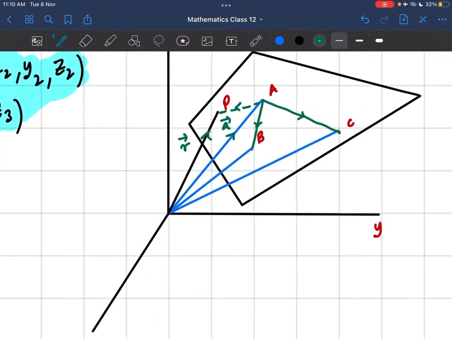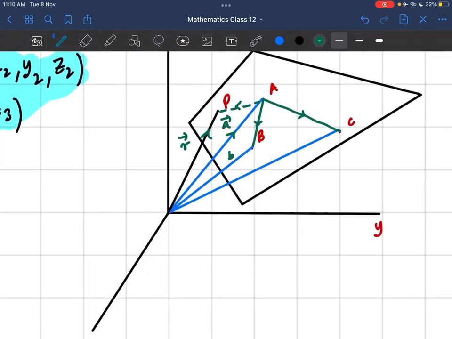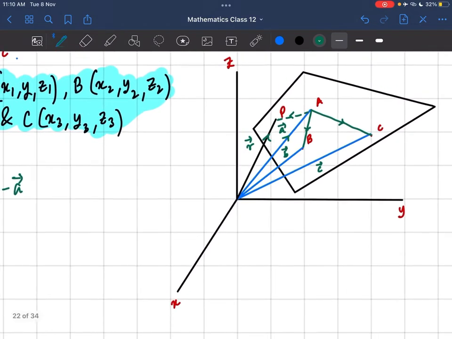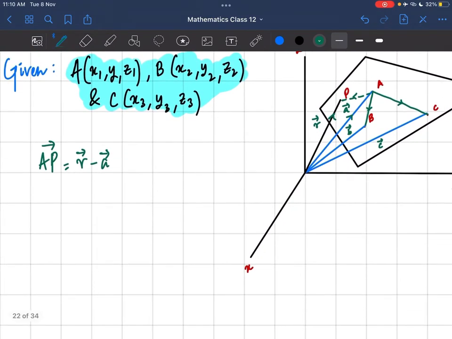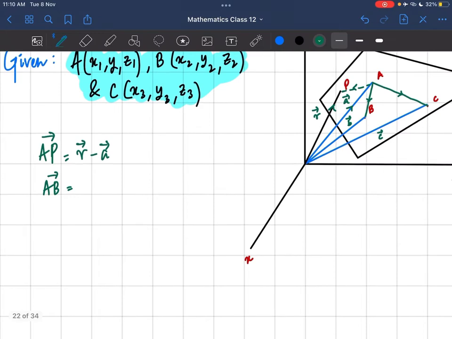The point B has a position vector of small b, and point C has a position vector of small c. The AB vector will be given by the position vector of B minus the position vector of A, terminal minus initial, so it is B minus A, and the AC vector is given by C minus A. So these are the 3 vectors which are on the plane.